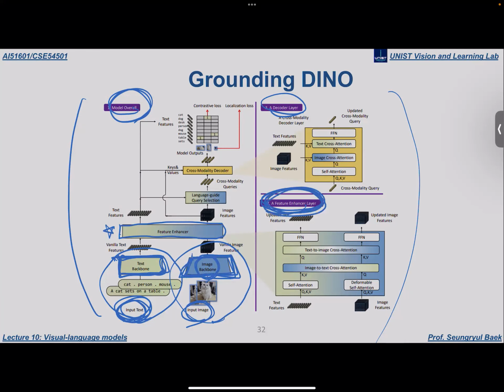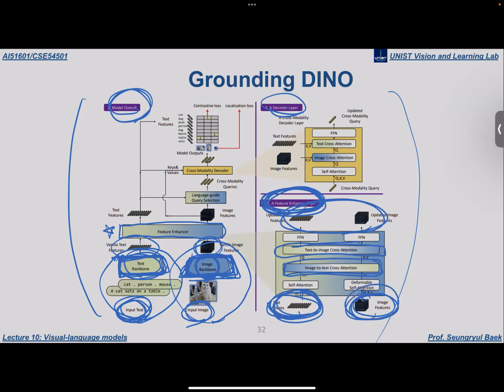Actually, there are more details for this feature enhancer module here. What they do is they first extract the text feature here, and they also have image features here. Inputting this image feature and text feature, they apply two cross attentions to fuse these two heterogeneous features. That happens in this feature enhancer module.